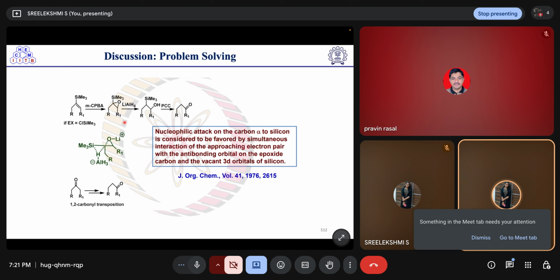There is a stabilizing interaction between the electron pair of the antibonding orbital of the epoxide carbon and the vacant 3d orbitals of the silicon. So that is favoring the nucleophilic attack on the carbon alpha to silicon.